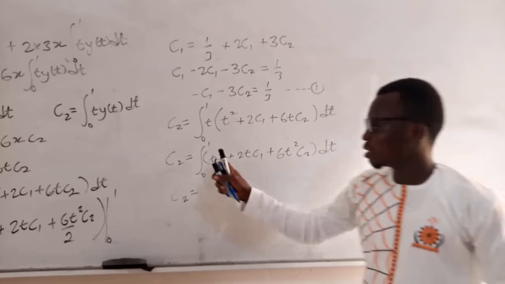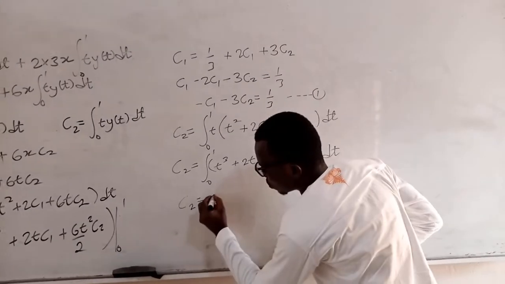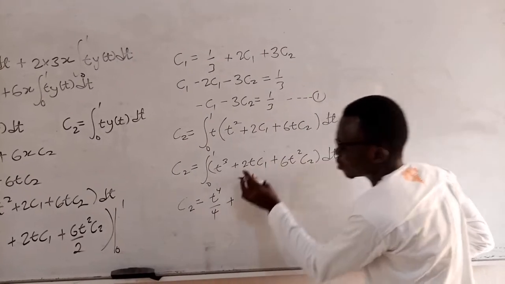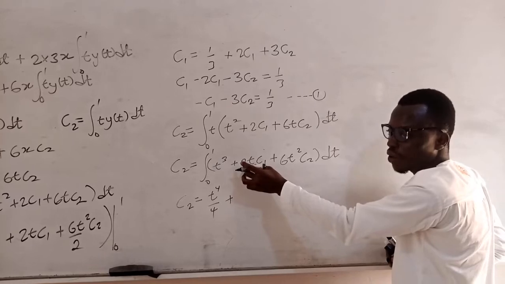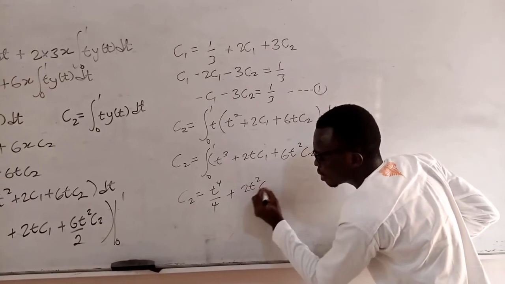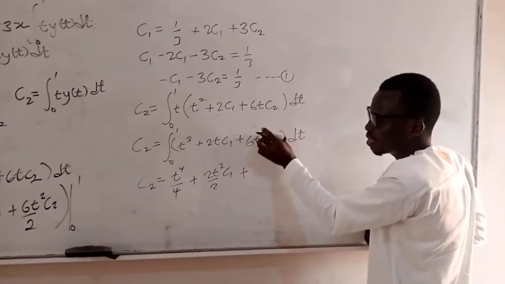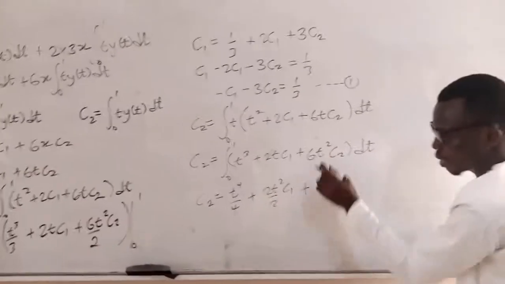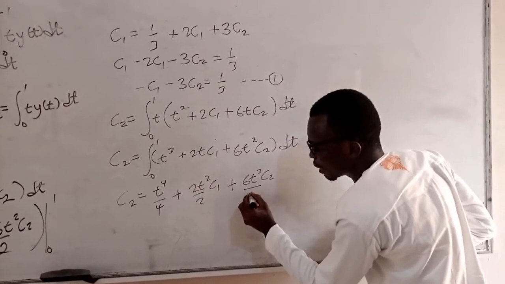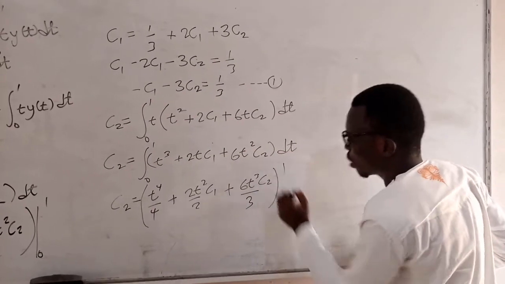If we integrate t cubed, we're going to get t raised to the power 4 divided by 4. We integrate t, we get t squared divided by 2, so 2t squared c1 divided by 2. Then we integrate t squared and get t cubed divided by 3, so 6t cubed c2 divided by 3, evaluated from 0 to 1.